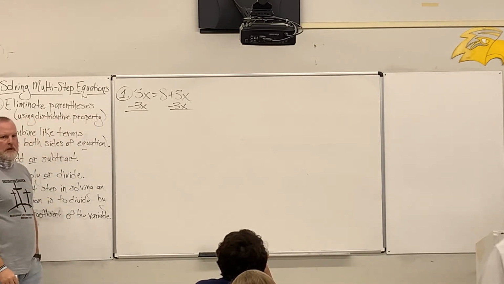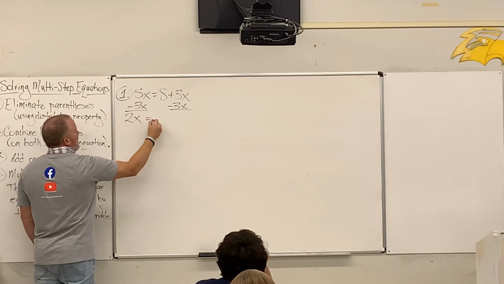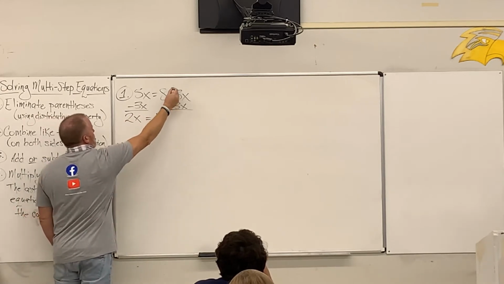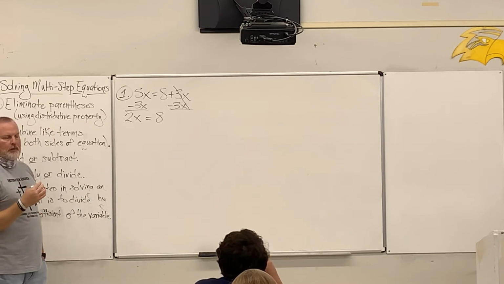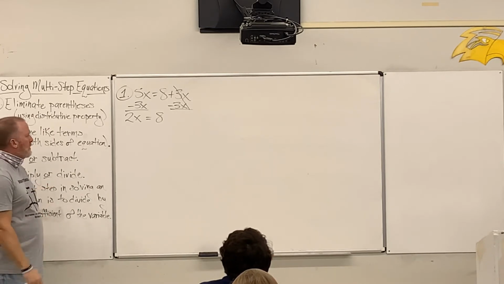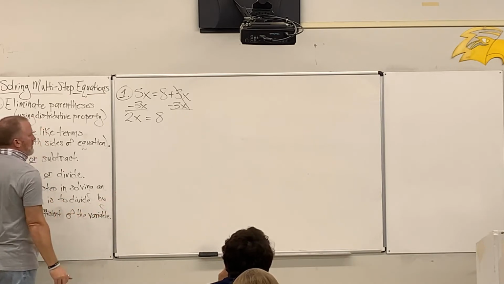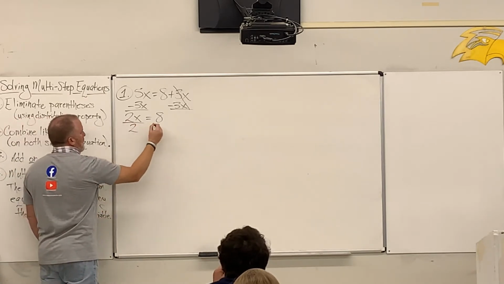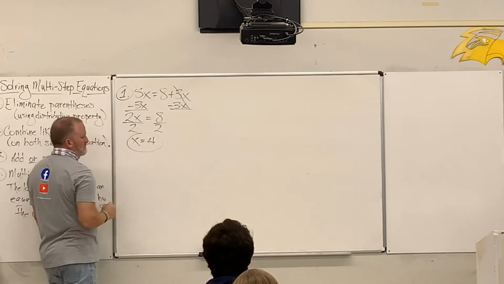Now what's 5x minus 3x? 2x equals 8, and here it cancels out, right? We talked about that. That's always our purpose. We're trying to cancel terms so that we can isolate that variable. And then, like we said, that last step being to divide by the coefficient. So we divide by 2, and x is equal to 4.